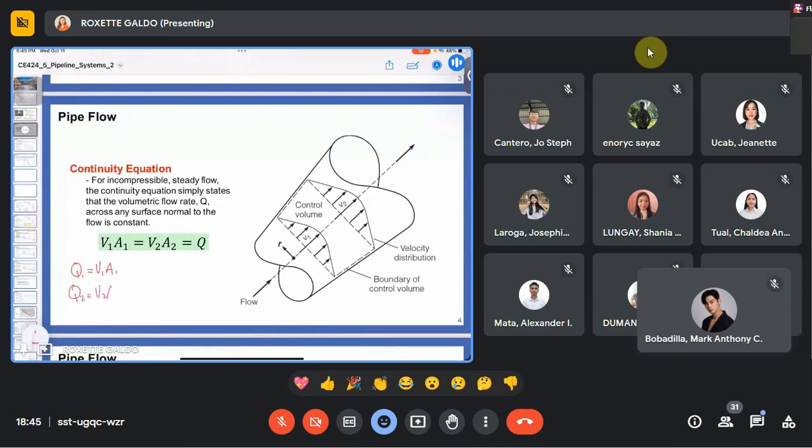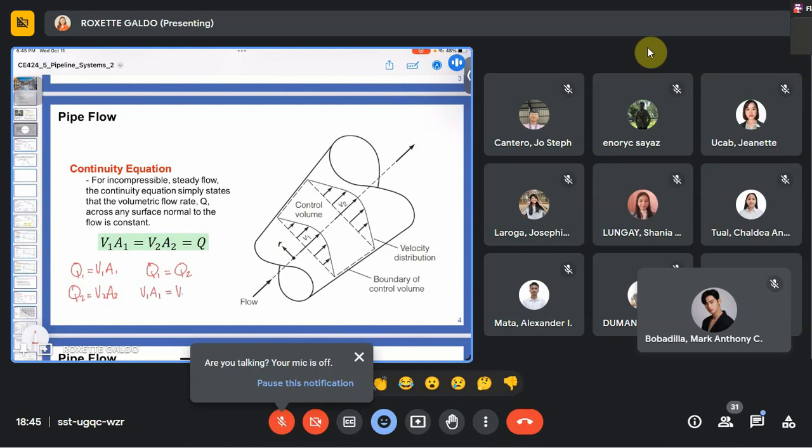This is the equation for the discharge. Now, the continuity equation states that Q1 is equal to Q2. It's the same. So the discharge is constant all throughout the flow. So Q1, which is equal to V1 A1, is equal to Q2, which is equal to V2 A2. This is the continuity equation.